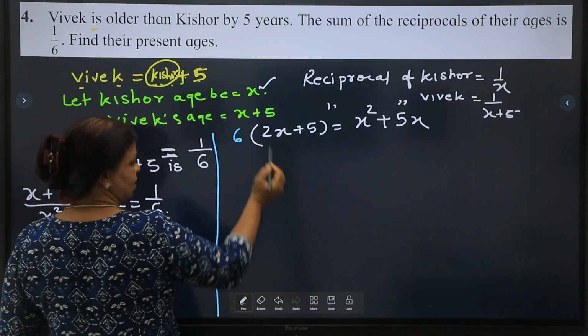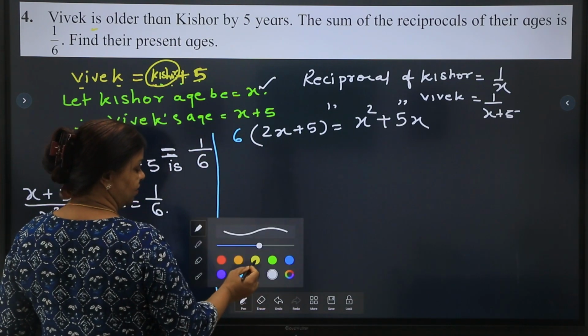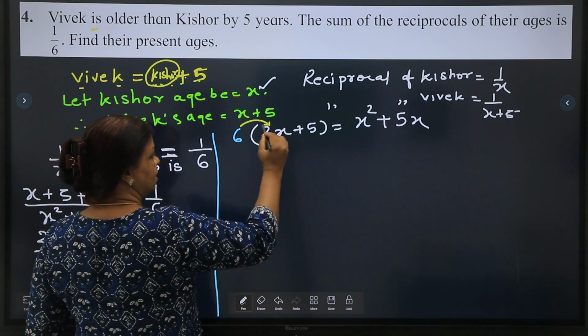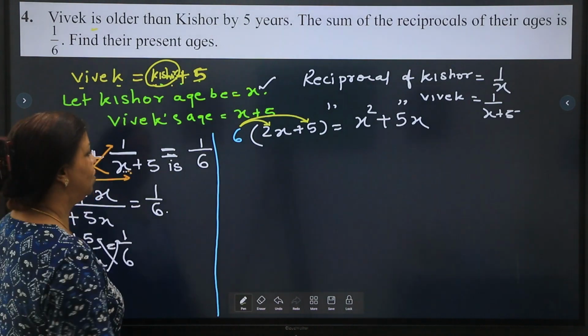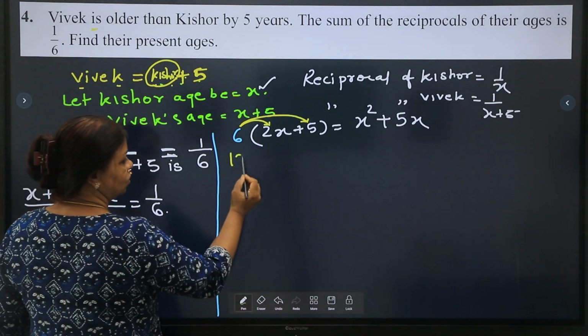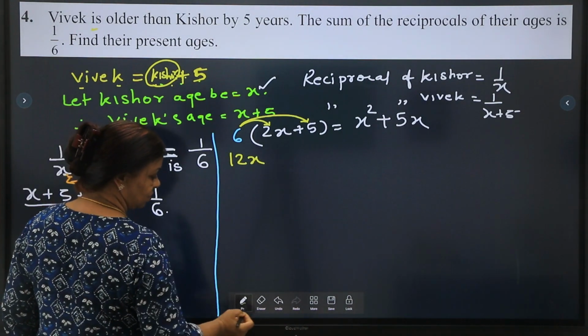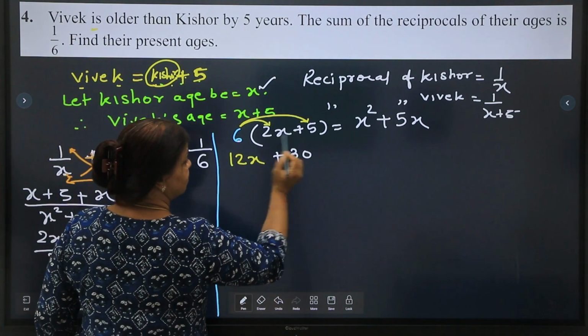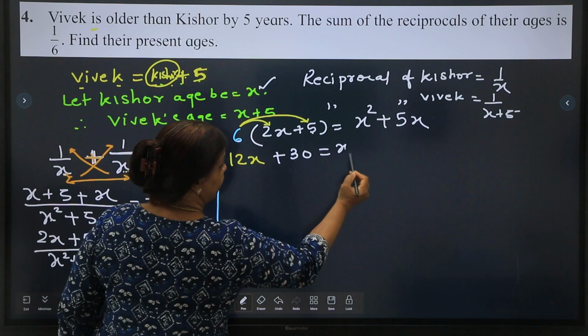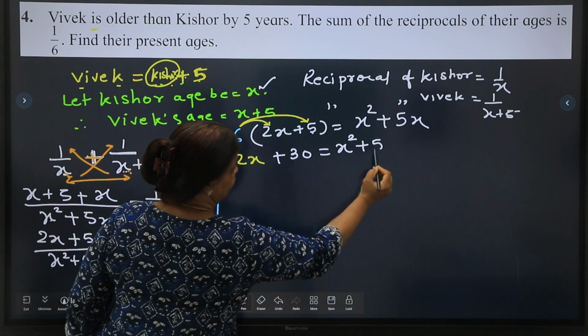Now see, 6 will multiply with 2x, 6 will also multiply with 5, and what we will get? 6 2s are 12x plus 30, 6 5s are 30, is equal to x square plus 5x.